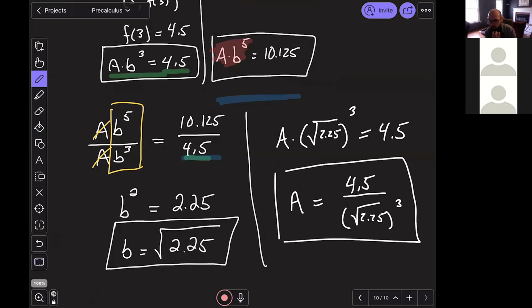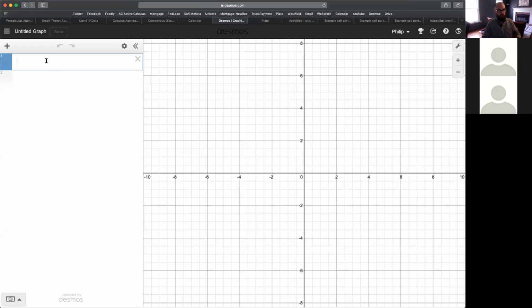Okay, so this is my a value and my b value. Now I'm going to bring up our Desmos window so we can see what these numbers end up being. Let me switch here really quickly. All right, so you see the Desmos window now? Yes.